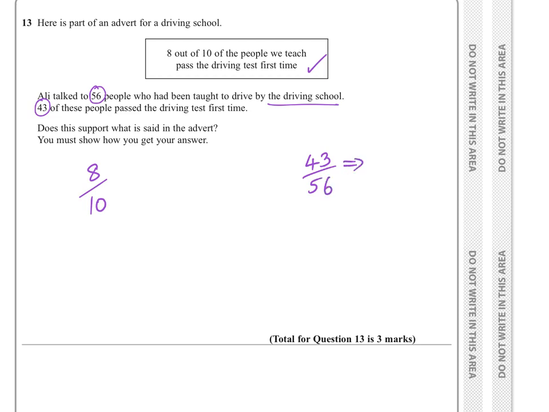And if we convert that to a decimal using our calculator, 43 divided by 56 gives us 0.76785 and so on, or roughly 76.8% to one decimal place. 8 out of 10, however, is 0.8 or exactly 80%.